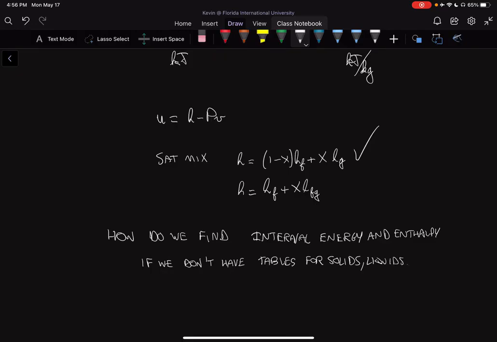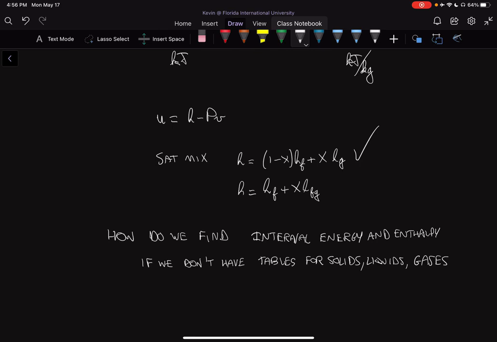So if we have water or R134A, we can very easily use our tables to find U or H. We did this in the previous part. Now, in this case, we can't really do that.